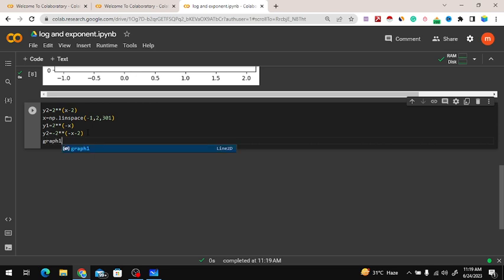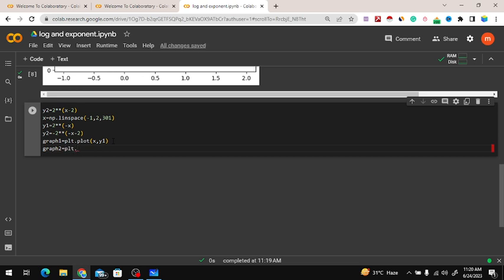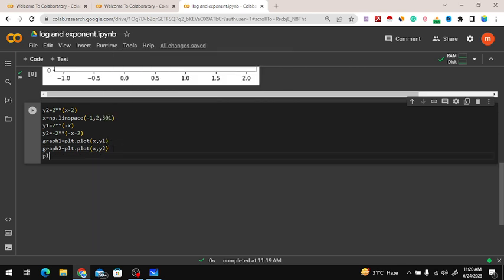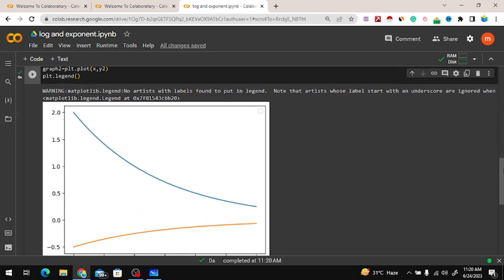Graph 1 should be equal to plt dot plot x comma y1, and graph 2 should be equal to plt dot plot x comma y2, and now let's call plt dot legend parentheses, and if you plot like this, you can see your plot looks like this.